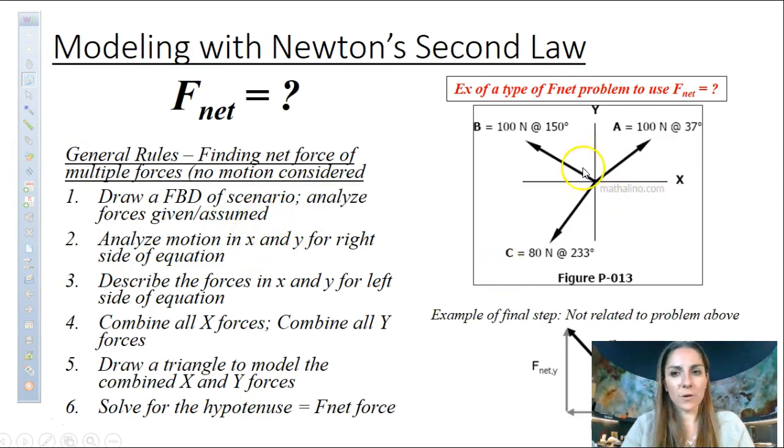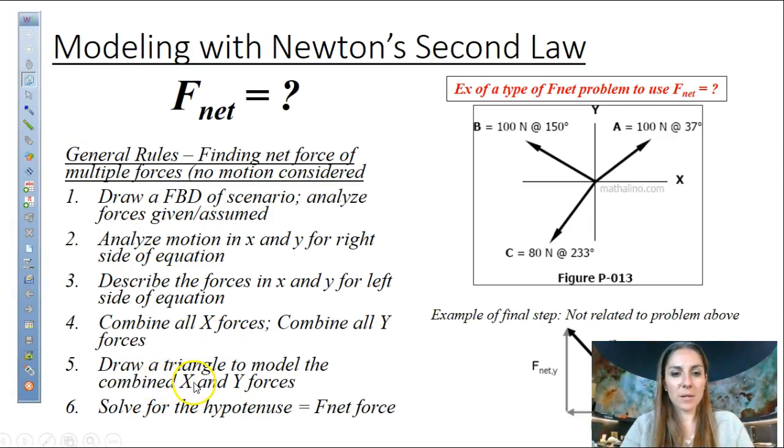How we do such a thing is the following. We will draw a free body diagram if it's not already there. We must break apart each force into its x and y components. We're going to use trig to do that, so we're going to find Ax and Ay, Bx and By, and Cx and Cy. So we're going to describe the forces in x and y for this side of the equation. Then we're going to add up all of the contributing x forces and add up all the contributing y forces as separate calculations.